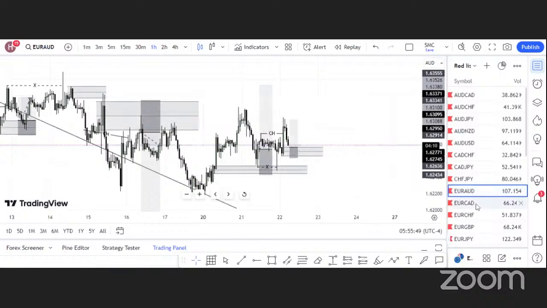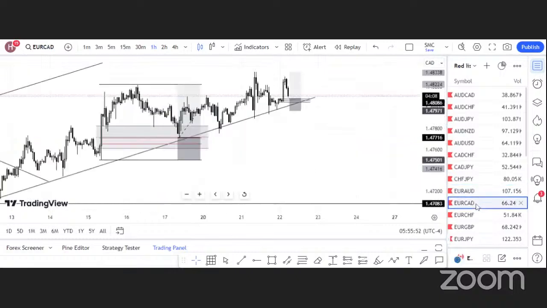Euro AUD, Euro CAD, they are both heading towards the support zone. So let's see what happens when the market gets into the support zone. Okay, we want to see if the market is going to get rejected from that zone, or if it's going to break below the zone.